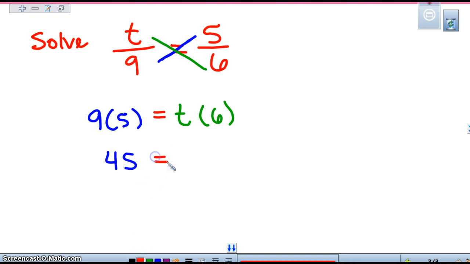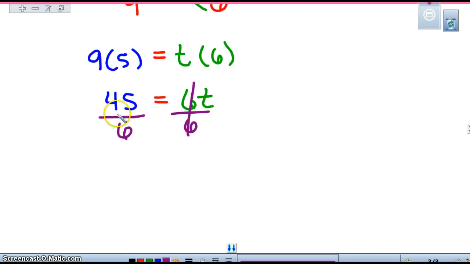That would be equal to 6t. And we can solve for t by dividing by 6 on both sides.